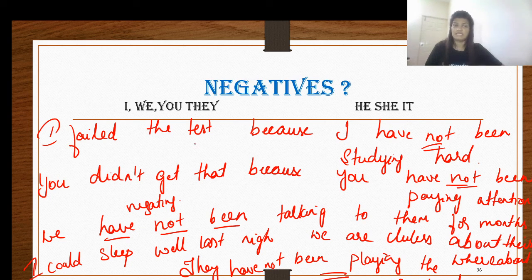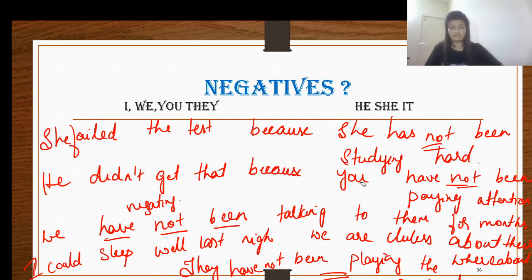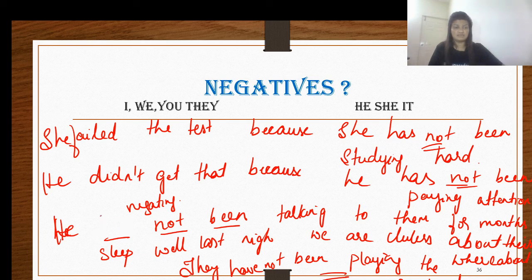And for he, she, and it, you can say, let us say, she failed the test because she has not been studying hard. He didn't get that because he has not been paying attention. Here, let us say, we'll say he has not been talking to them for months because he is clueless about their whereabouts.